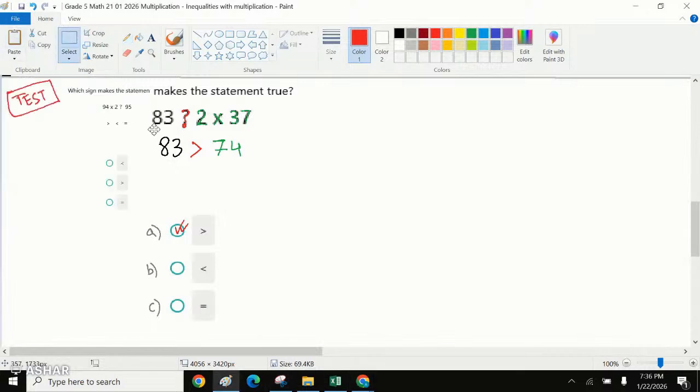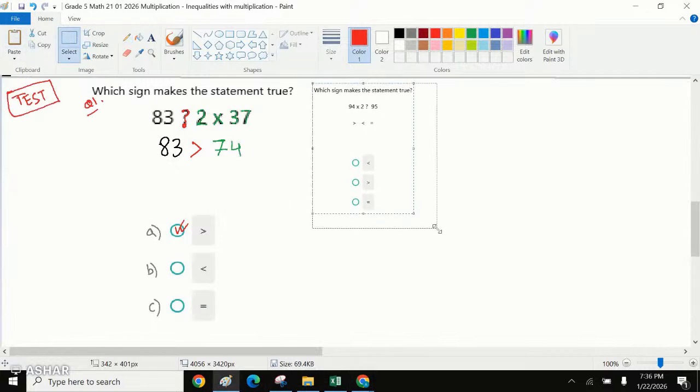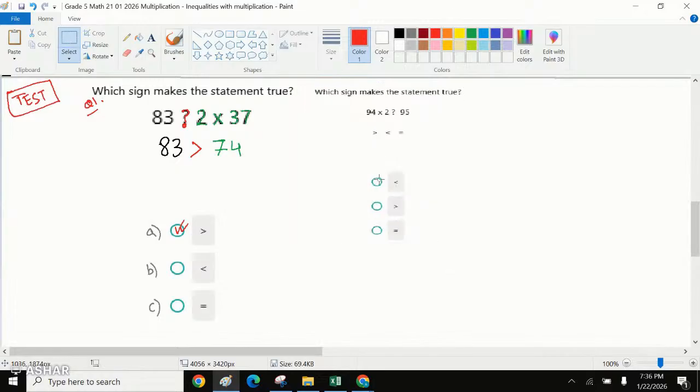For question number 2, these are the options given to us. Just a moment, please.